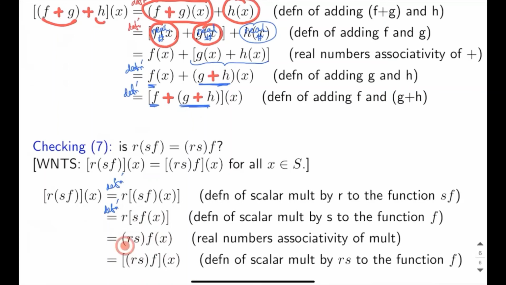Multiplying the real number rs with the output f of x is the same as computing the output of the function rs times f scalarly when the input is x.